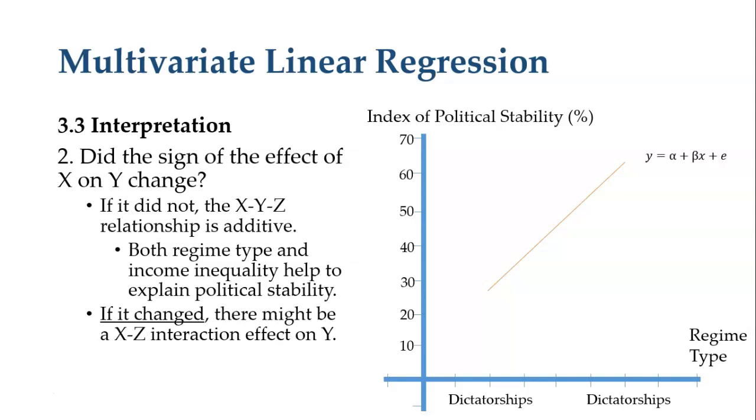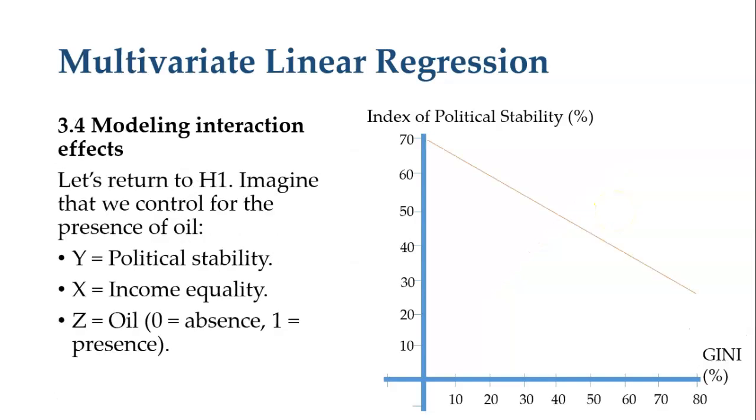Because the effect of X is still statistically significant, but the sign of the effect changed, we suspect that there is an interaction relationship between X, Y, and C. We need to model that kind of interaction effect. And we do it by actually writing the formula, that conditional effect, okay?